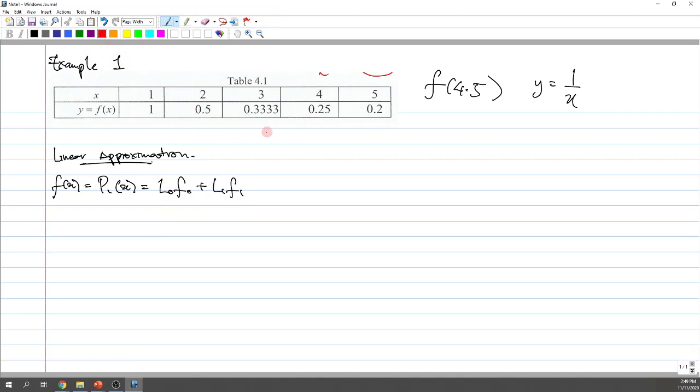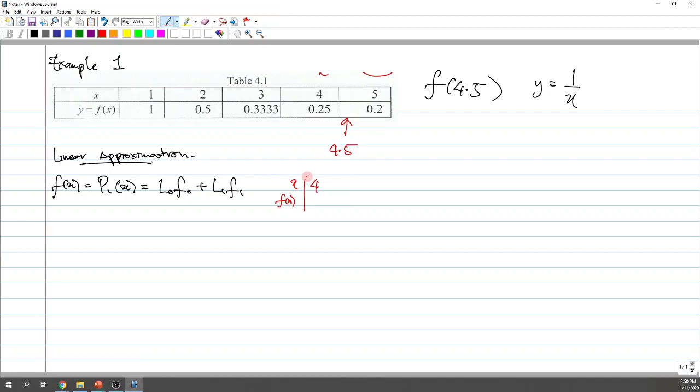So 4.5, where is the 4.5 in the table? If you can see from here, 4.5 is somewhere here. So then we only take these 2 points only, x and then f(x).